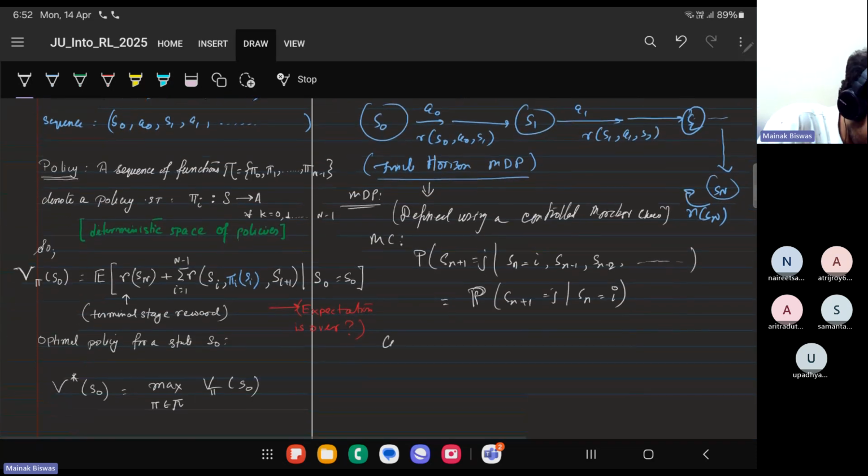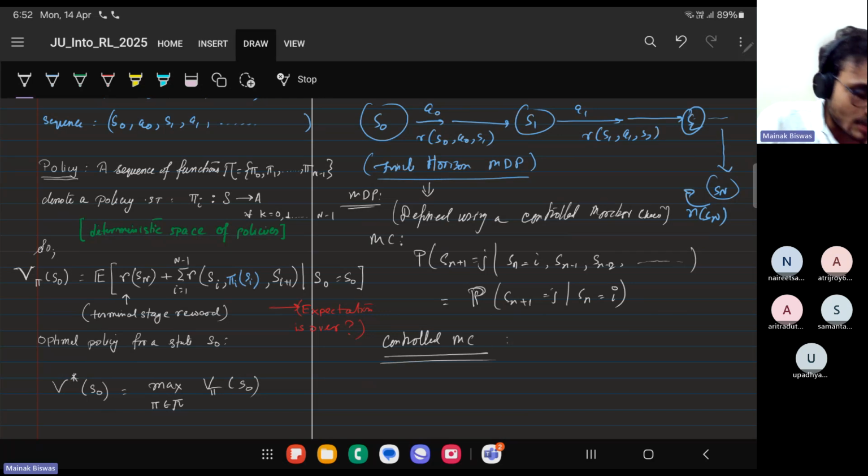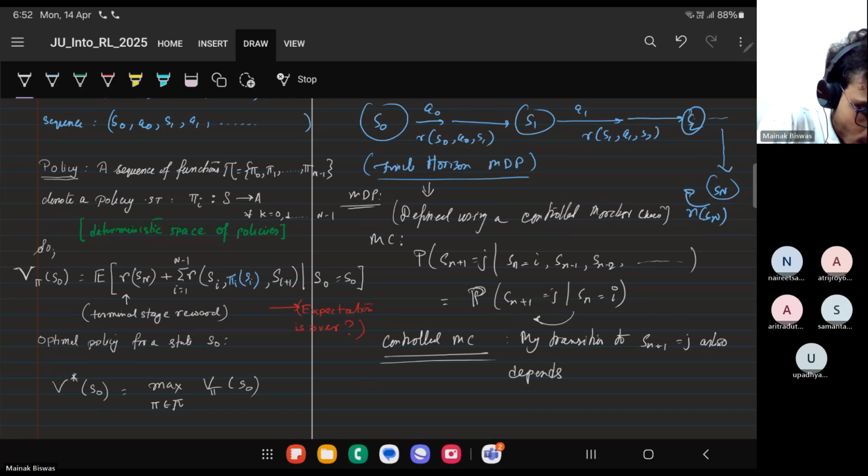A controlled Markov chain, on the other hand, says that my transition to Sn plus 1 equal to j also depends on the action at state Sn. So it's defined something like this.